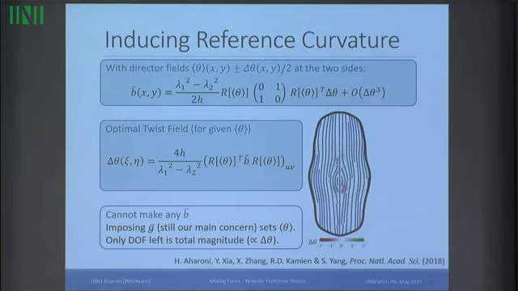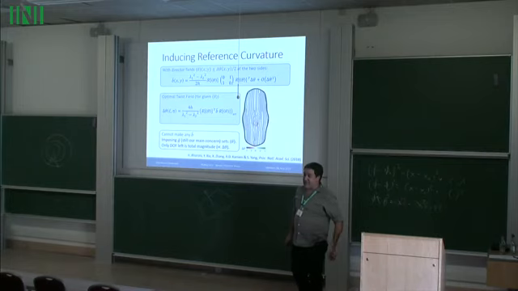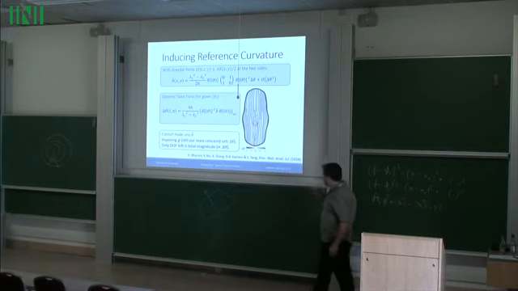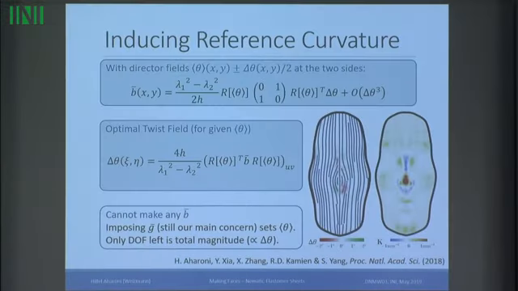The twist field is only one degree of freedom, so I can't make any reference curvature that I want. Namely, I can only make small saddles. But I can choose the magnitude of these saddles at every point. This is enough exactly to take any bump, or the area around the nose here, and tell it that I want it to buckle one way or not the other.